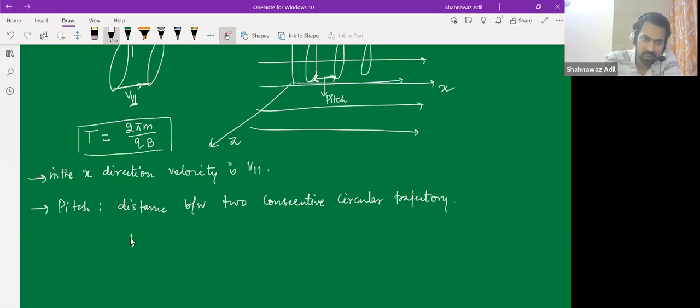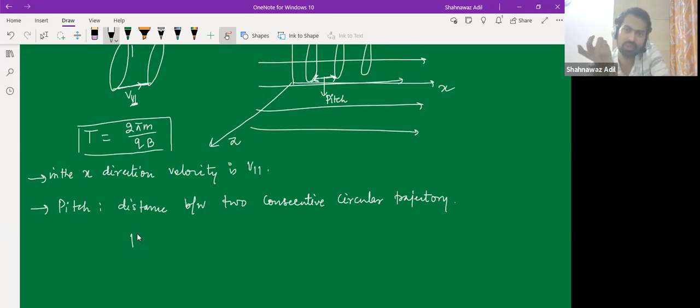So what is the formula of distance? Yes, guys. What is the formula of distance?